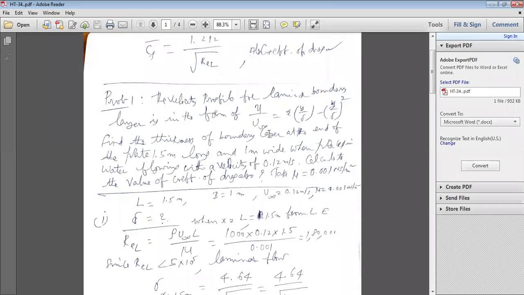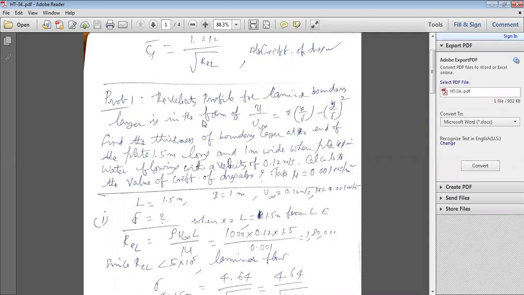So by using these formulas, today we'll solve one or two problems on this. Whenever fluid flow takes place on a flat plate, the velocity profile is parabolic in nature, and we have arrived at the relationship that velocity is a function of y by delta.